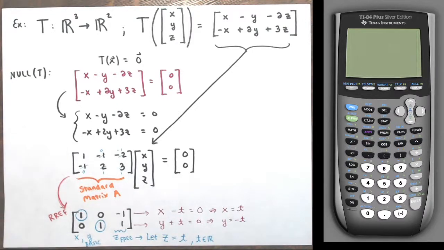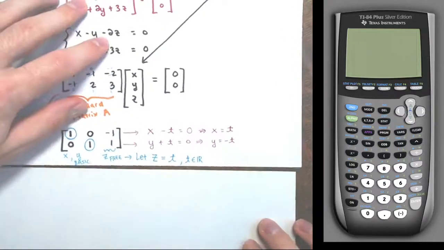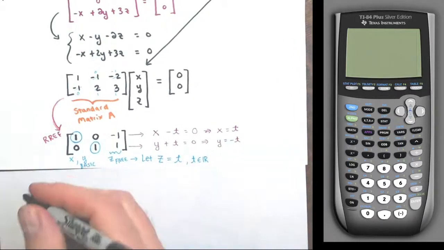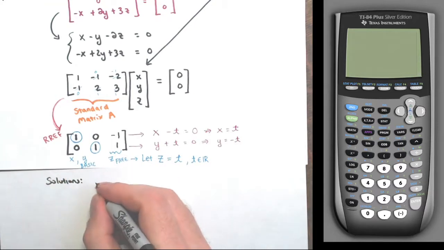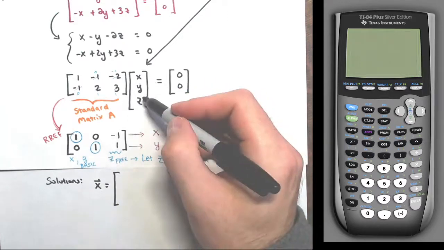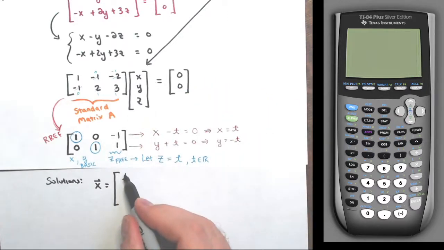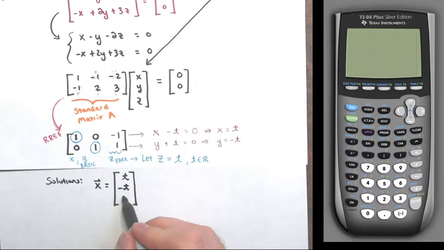So the solutions to this equation, the vectors that will be in the null space, look like this. X, y, z: x is the value of my free variable t, y is the opposite of whatever I choose for t, and z is t.